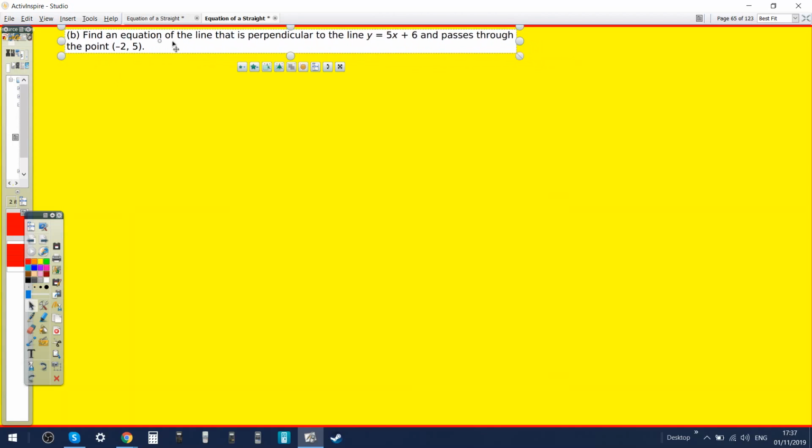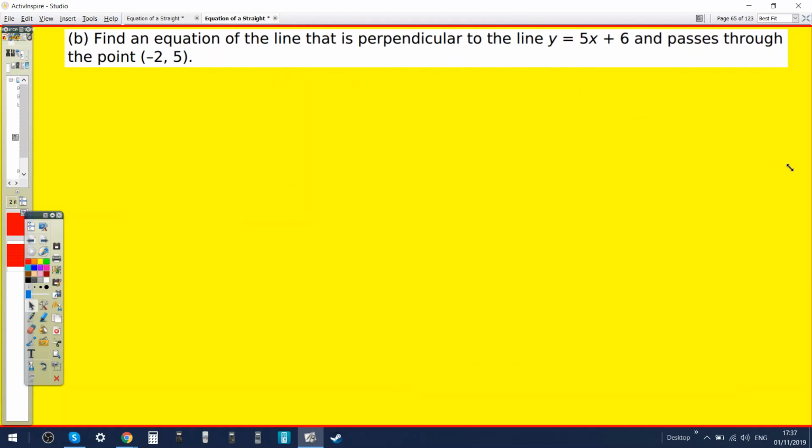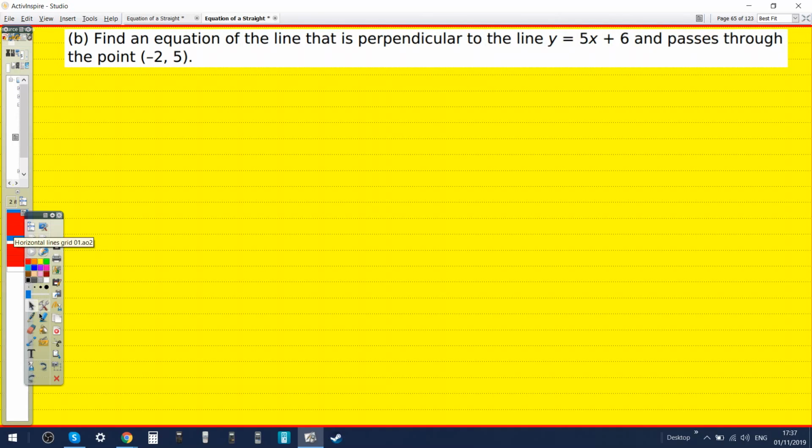Okay, so y equals minus a fifth x plus 5.